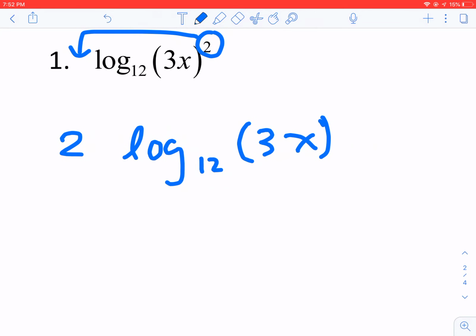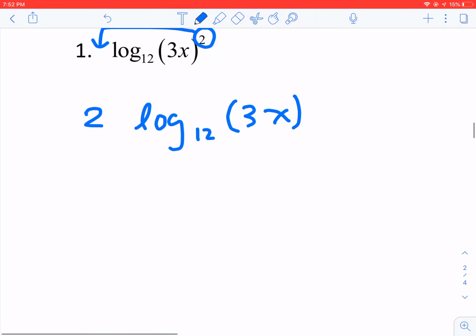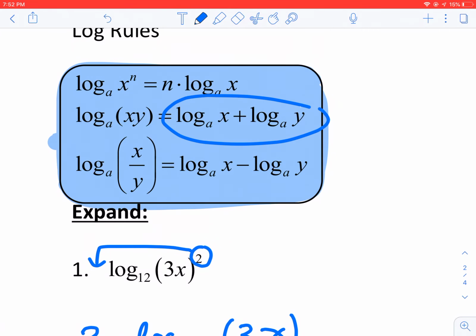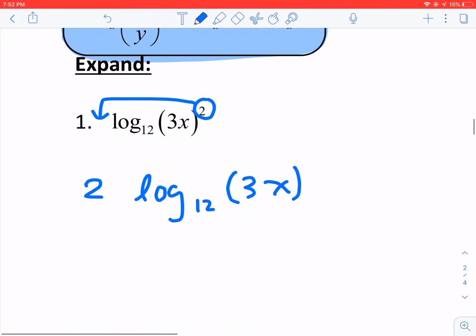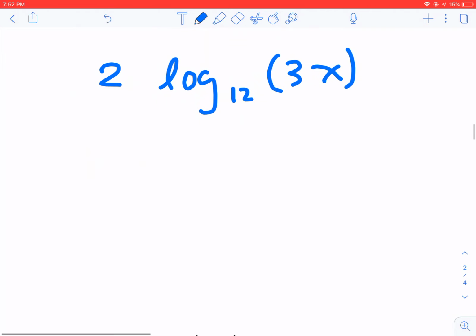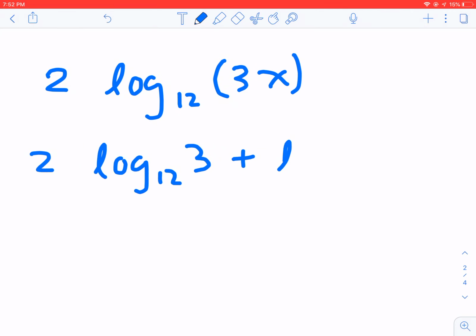Now notice I have a product in my argument, so I'm going to use the second rule. I'm going to make that the addition of the logs of those two factors. So that's going to be 2 log base 12 of 3 plus log base 12 of x.